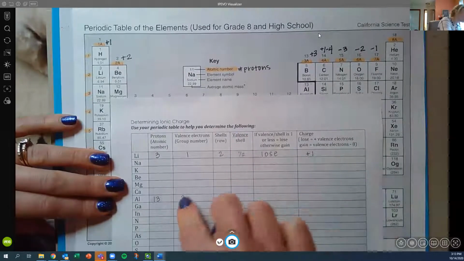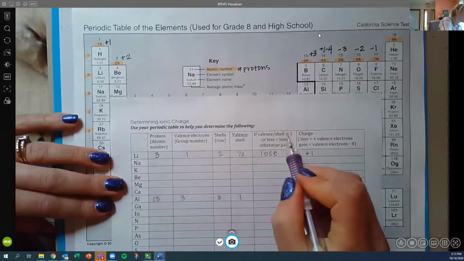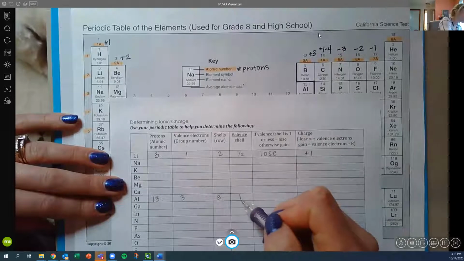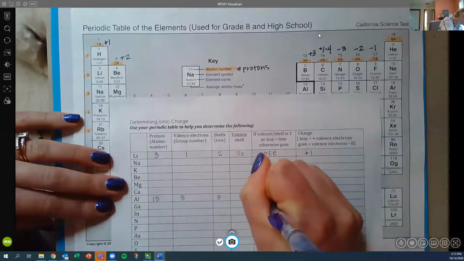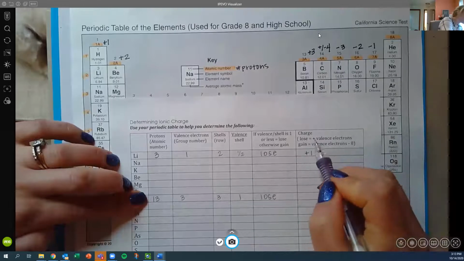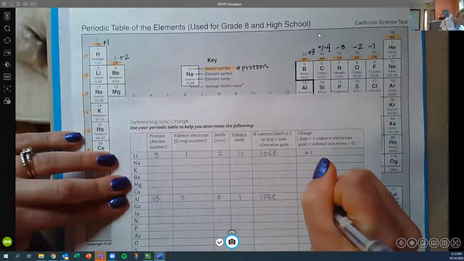If we divide 3 by 3, we get 1. So if the valence divided by the shell is 1 or less, yep, it's 1, we're going to lose. And since we lose, we're going to have a positive however many valence electrons, so positive 3.